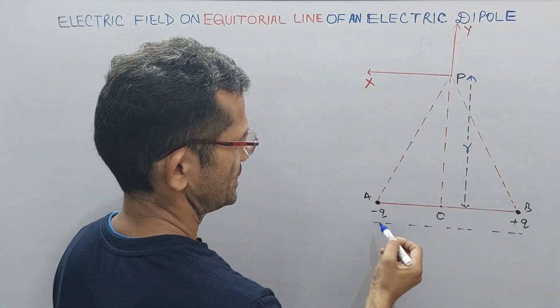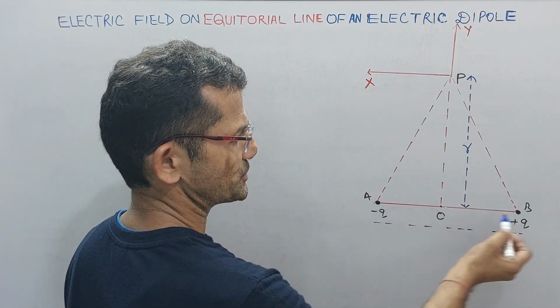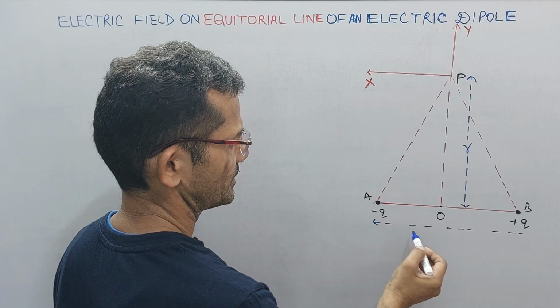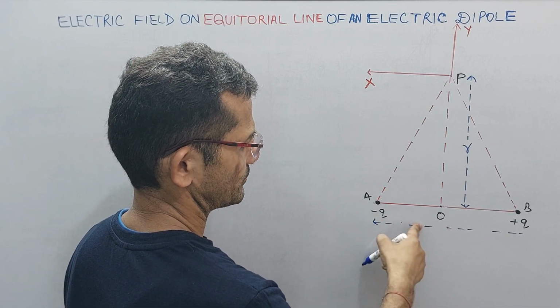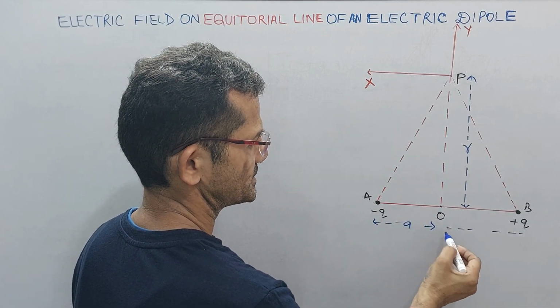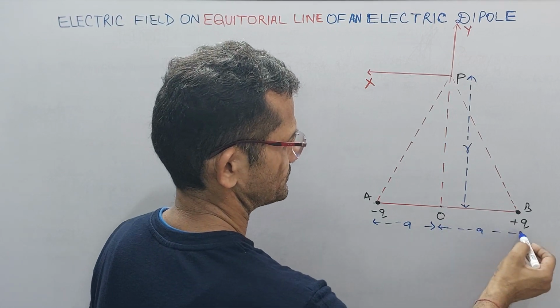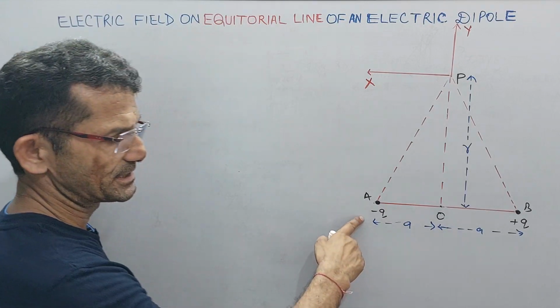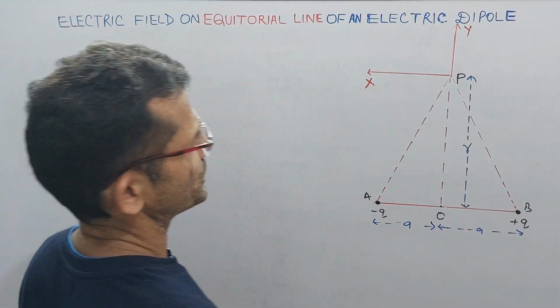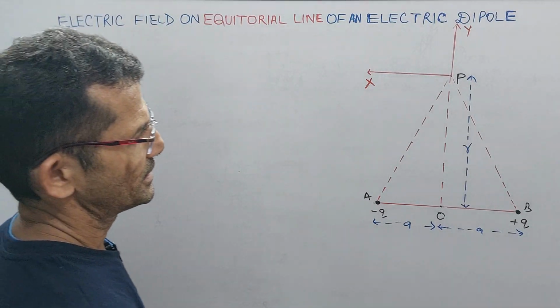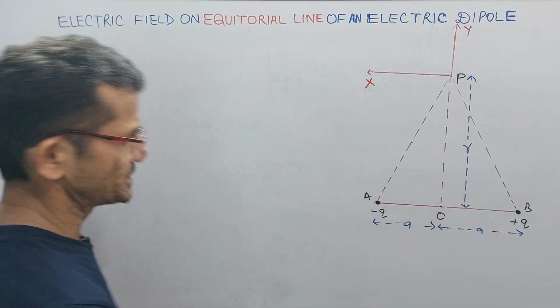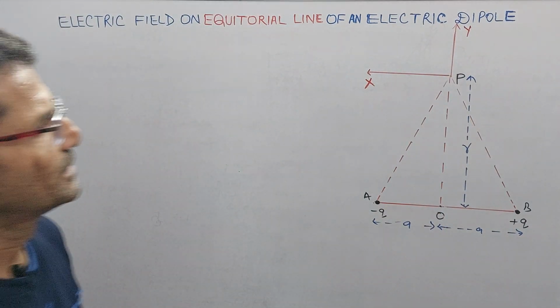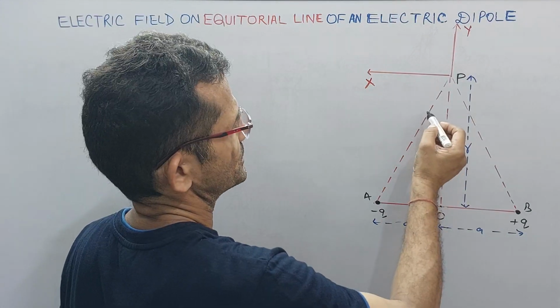This is your r, and the distance between minus q and plus q is 2a. This is a, this is also a. Total distance will be 2a. Now a charge placed at the point minus q will produce an electric field, and the direction of the electric field will be along PA.